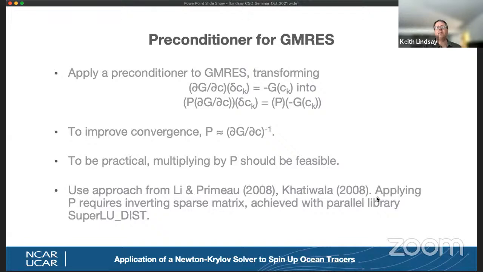In applying the P that they developed, a framework for deriving, involves inverting a large sparse matrix. This is in contrast to G, which has a dense matrix. So we invert a sparse matrix, which is doable with appropriate software libraries. And we use a particular parallel library called SuperLU, developed by Lawrence Berkeley Labs.